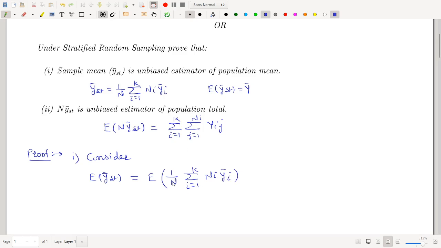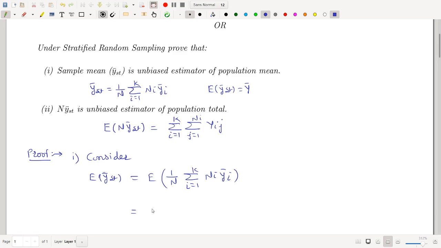Here 1 upon n is constant, so I can write it outside this expectation. Also I can take the expectation inside the summation. Then ni is also constant, because ni means ith strata size. It is always constant. Then expectation will apply for this y bar i only.